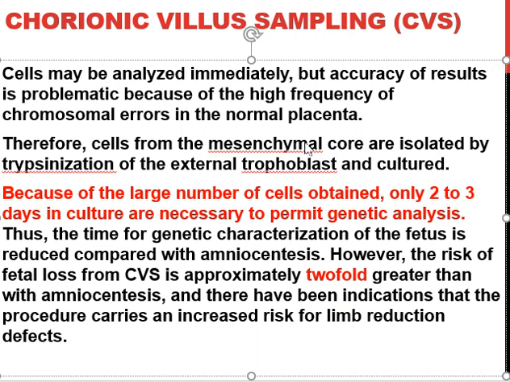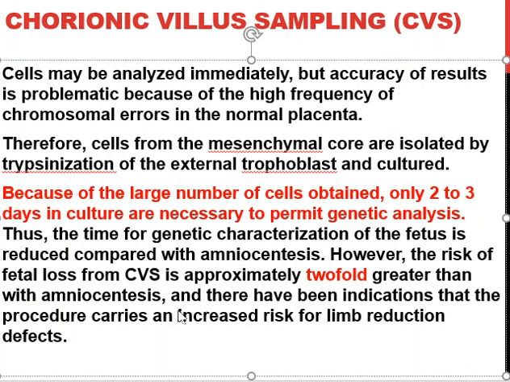Therefore, cells from the mesenchymal core are isolated by trypsinization of the external trophoblast and cultured. Because of the large number of cells obtained, only 2 to 3 days in culture are necessary to permit genetic analysis. Thus, the time for genetic characterization of the fetus is reduced as compared with the amniocentesis.